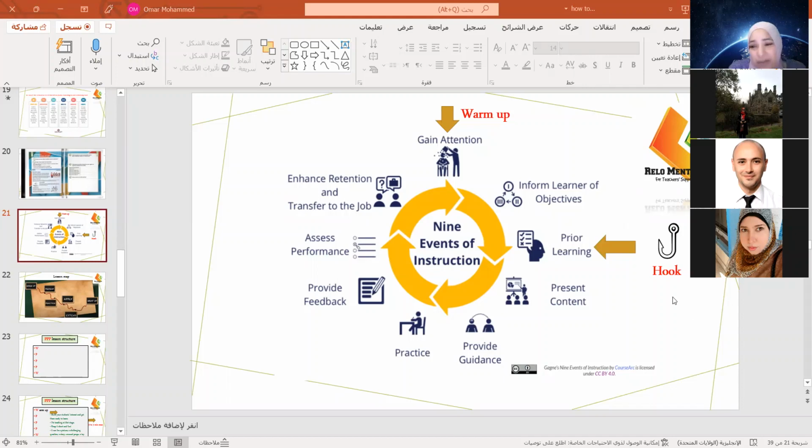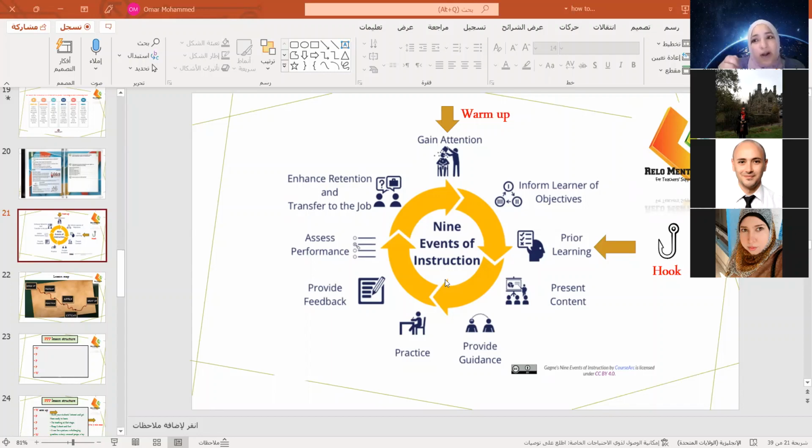So the hook, which is in the picture here, is going to hang up on something. This is what you are doing when you are looking for prior knowledge. You are hooking the new information to the prior knowledge that the students have. You are looking for somewhere to hang up your hook.